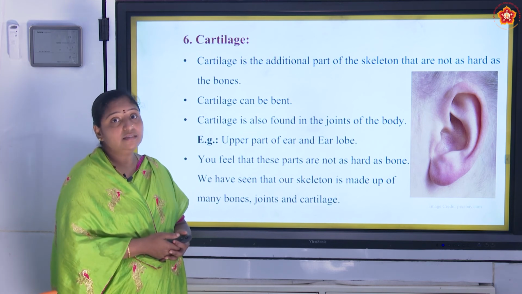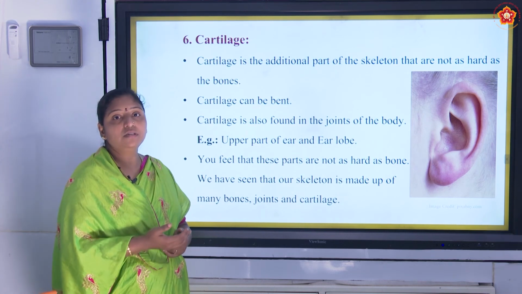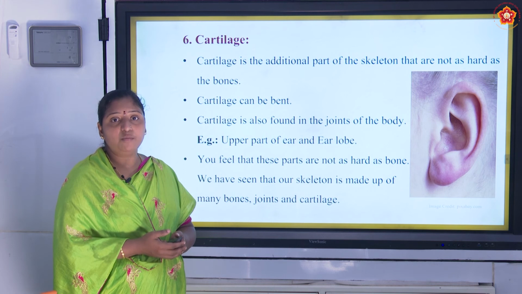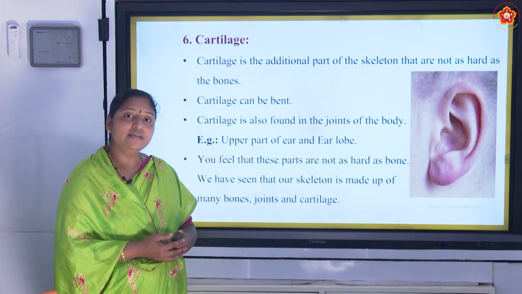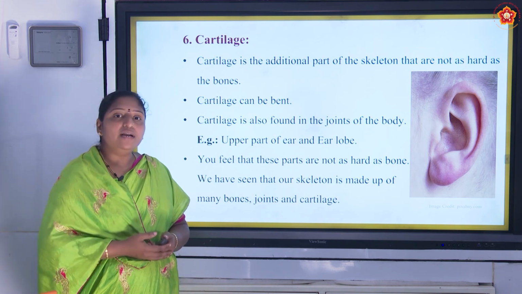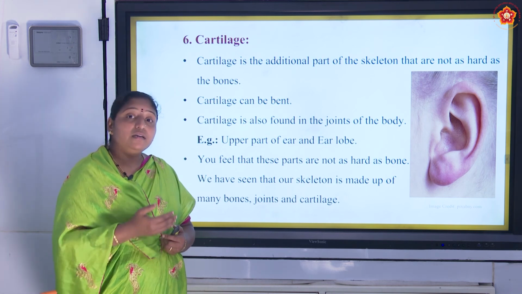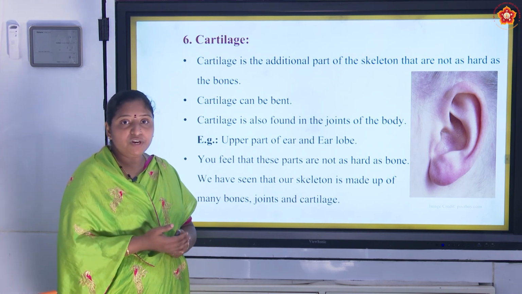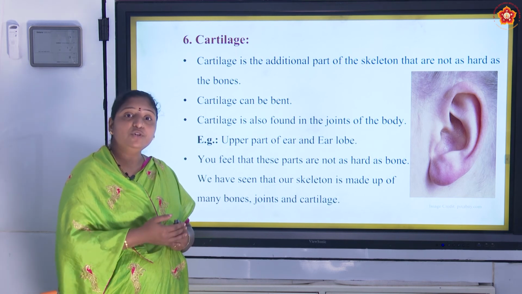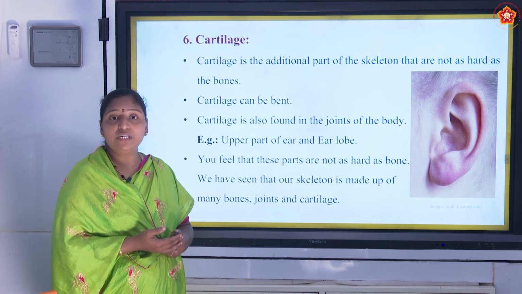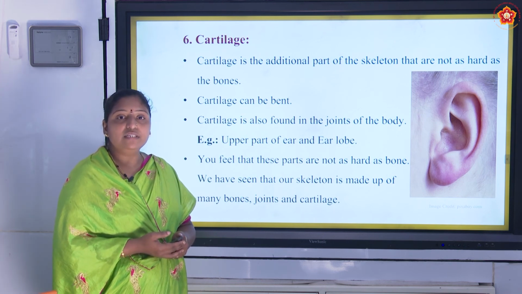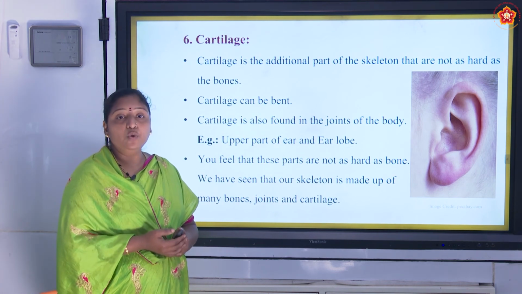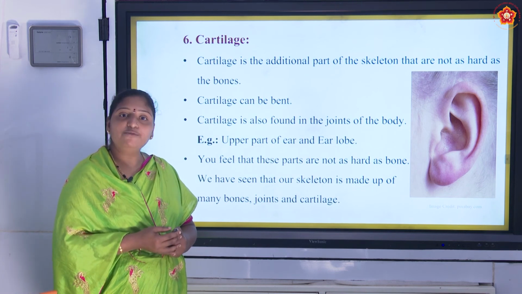And our skeleton is made up of many bones, joints as well as cartilage. Hope you all have understood about the skeletal system and human skeleton. So children, God has given our body and He provided movements also where we can move from one place to other place, and we have to utilize our hands for doing service activities so that we can reach God easily, and we have to use our legs to go in the right path, in the path of dharma.